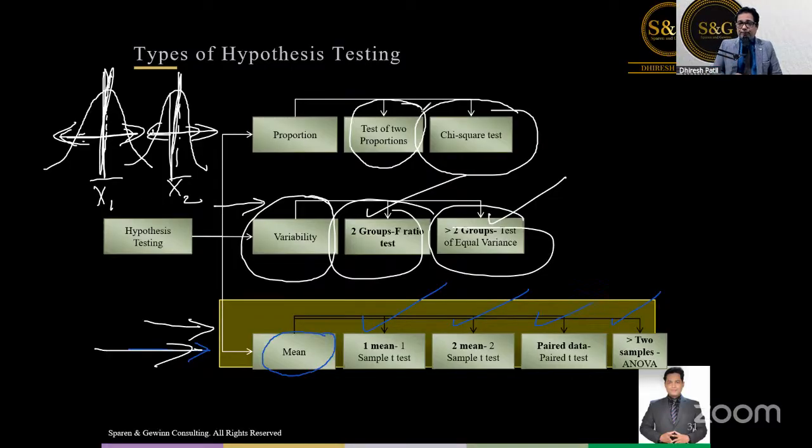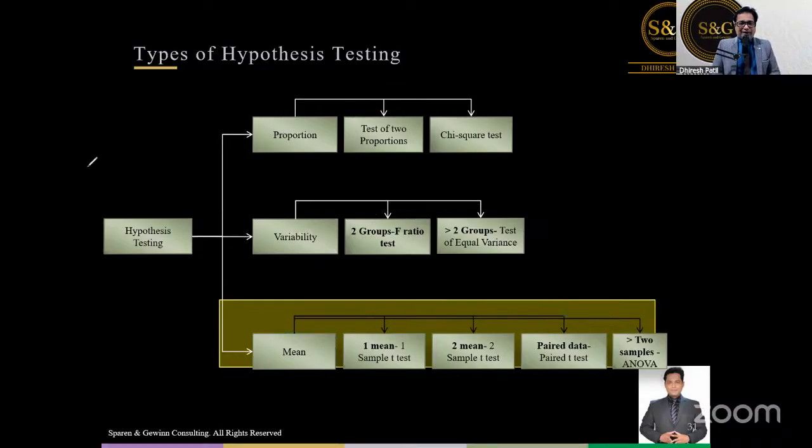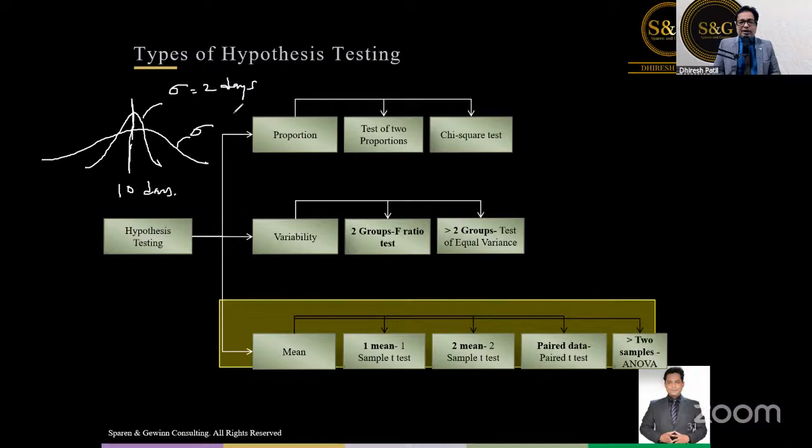Now, let's say for example, for both vendors there is no statistically significant difference. Now I want to check whether any variation is there. What is variation? Let's say this vendor is averaging 10 days, and the second vendor is also averaging 10 days. The average is the same, but this vendor's standard deviation is 2 days and this vendor's standard deviation is 5 days.